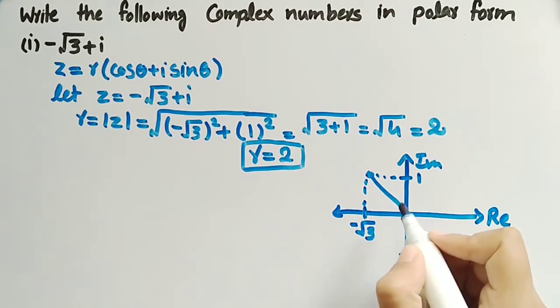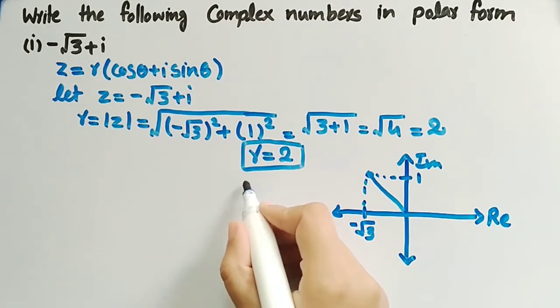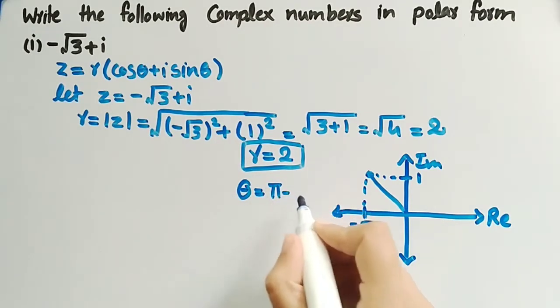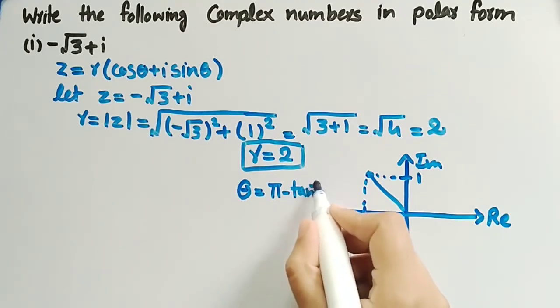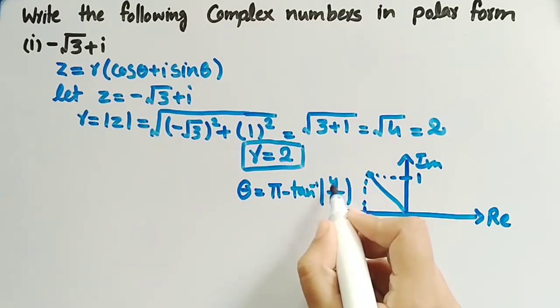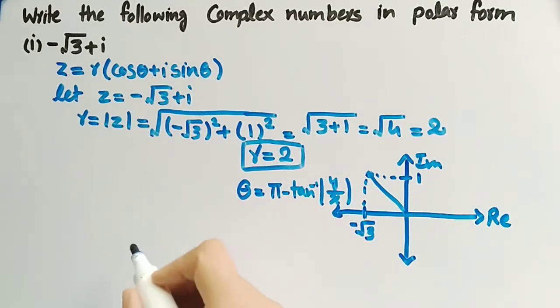If a complex number is in the second quadrant, then the value of the principal argument theta is equal to pi minus tangent inverse of y by x, where y is the imaginary part and x is the real part of the given complex number.